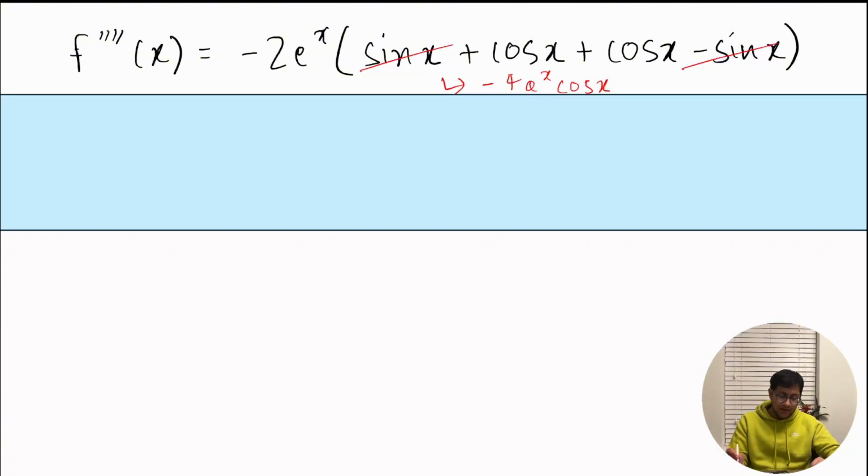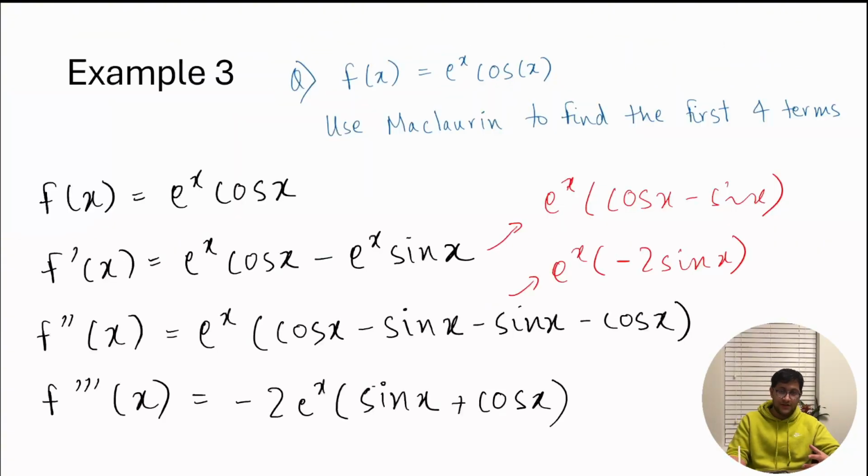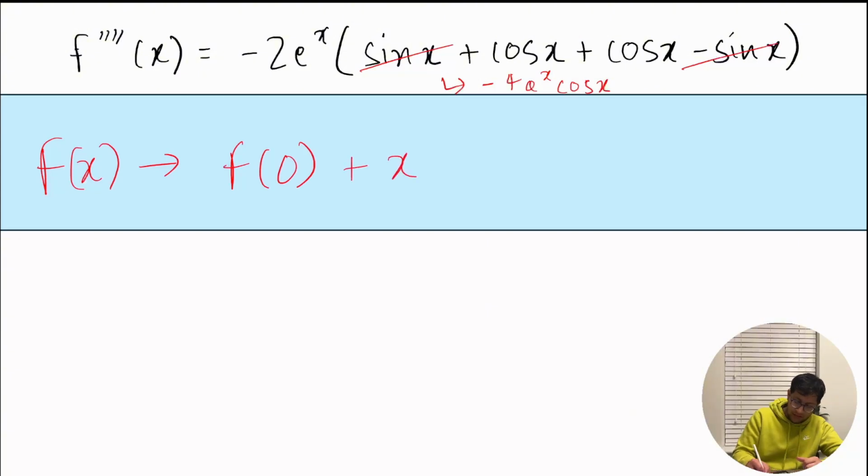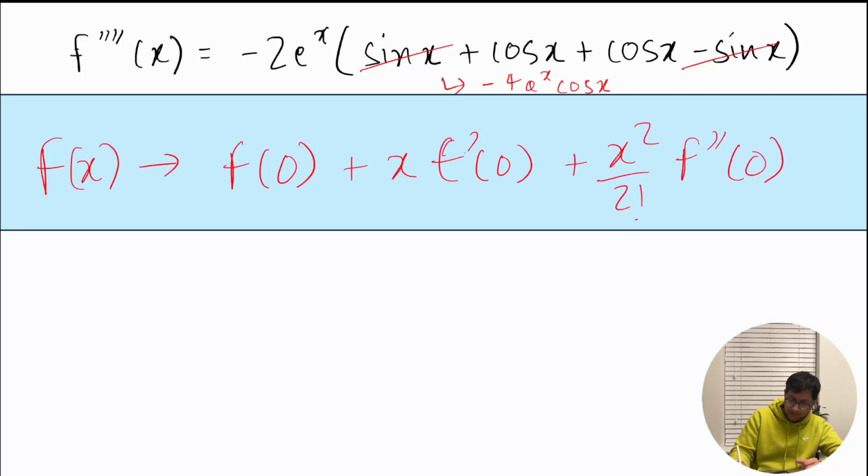Cool. So now that we have the first four differentiations of this, just as a reminder, the Maclaurin expansion for f of x is f of 0 plus x f dash of 0 plus x squared over 2 factorial f dash dash of 0 and so on and so forth, right?